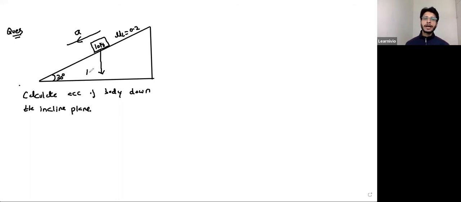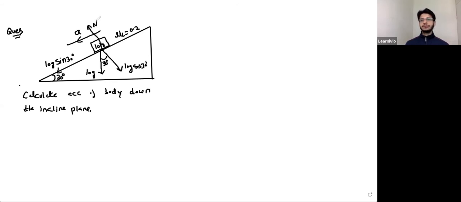So here is the weight acting, which is 10g. If this is 30 degree, then this is 30 degree. This is 10g cos 30, and this is 10g sin 30.